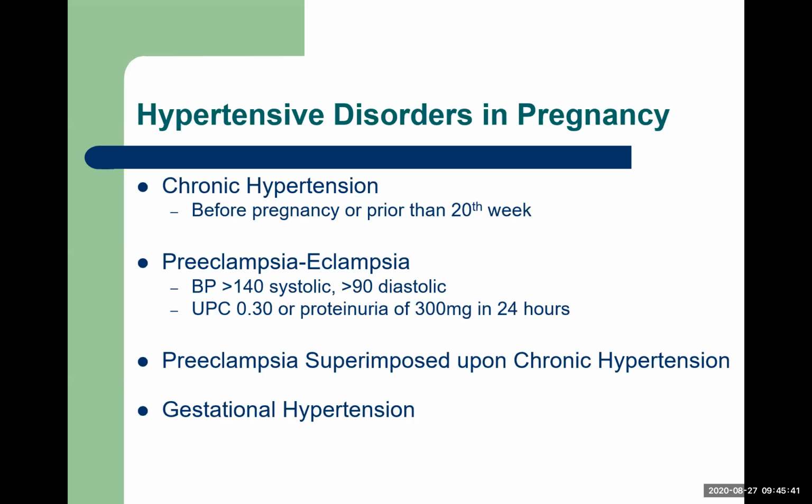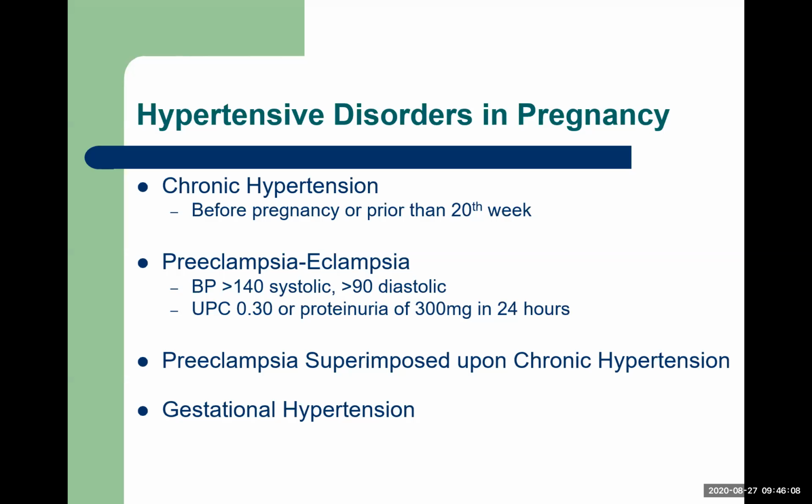You can also have patients that have chronic hypertension baseline and then develop superimposed preeclampsia upon their chronic hypertension if they developed uncontrolled blood pressures with rising proteinuria or the other lab abnormalities or symptoms.